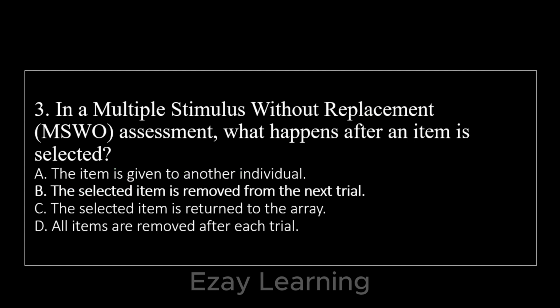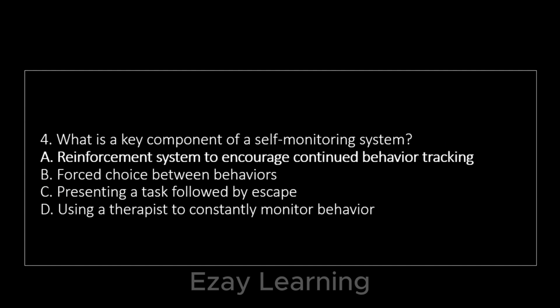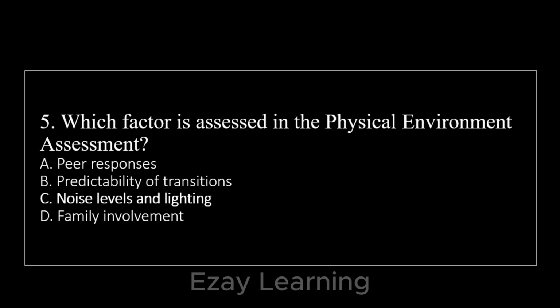In a multiple stimulus without replacement assessment, what happens after an item is selected? The selected item is removed for the next trial. What is a key component of a self-monitoring system? Reinforcement system to encourage continued behavior tracking.